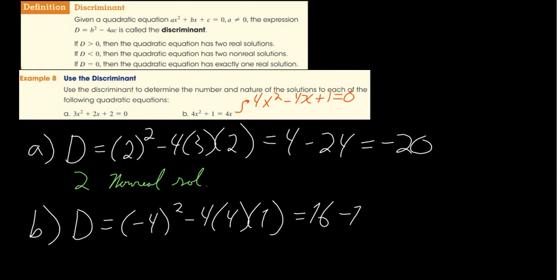So 16 minus 16 is equal to 0. So that is this one. We're going to have one real solution. And that's the discriminant.